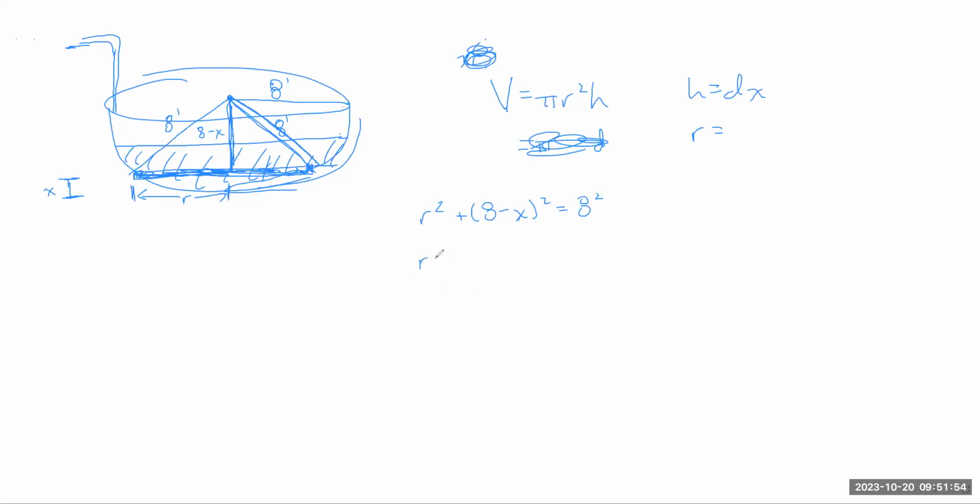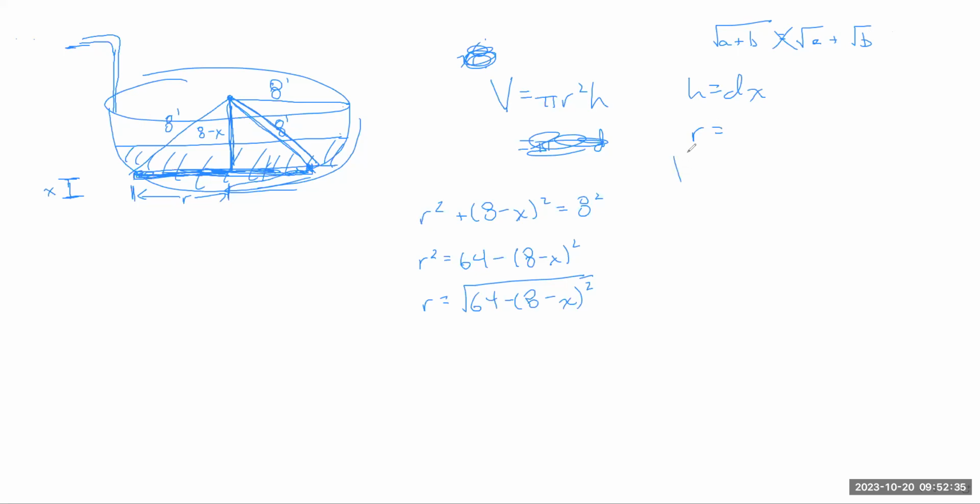So I think it'd be good if we just set up the integral and walked away, seeing what's going to happen now. So r equals the square root of 64 minus (8 minus x) squared. All right, I believe that's the radius.